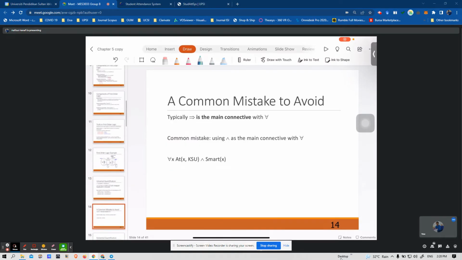And then a common mistake to avoid is typically the main connective with for all. A common mistake is using a conjunction as the main connective with for all. For example, here is a mistake, because if you have for all, you cannot associate a one-to-one relationship.